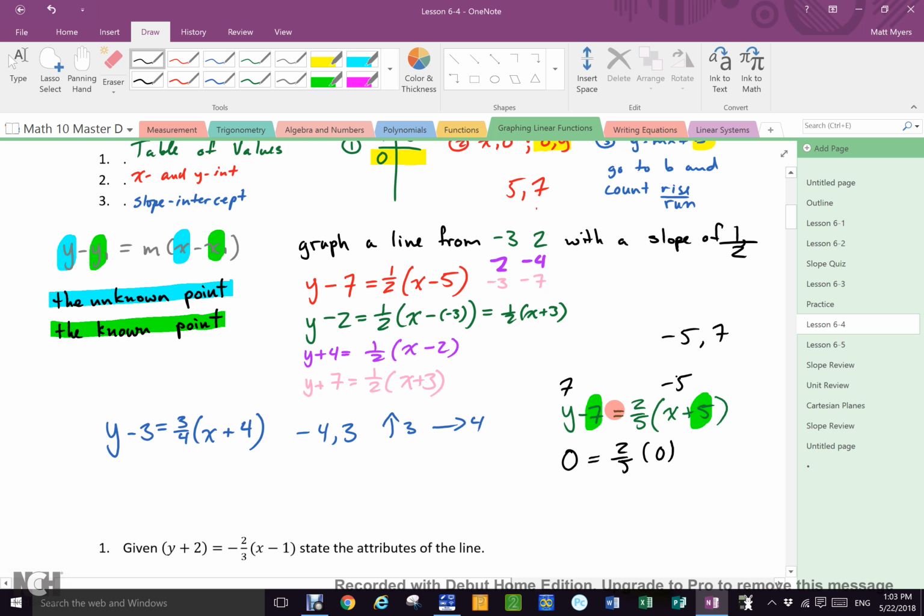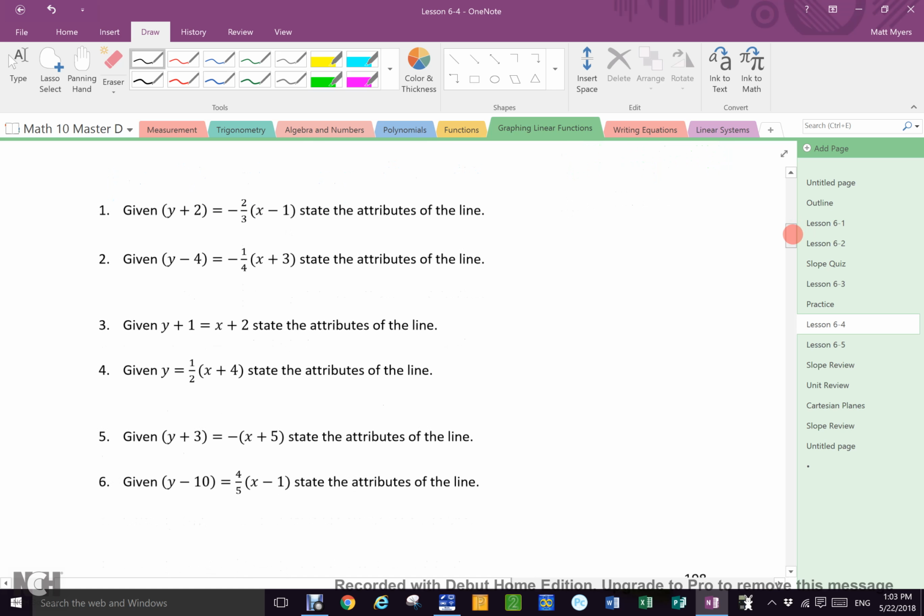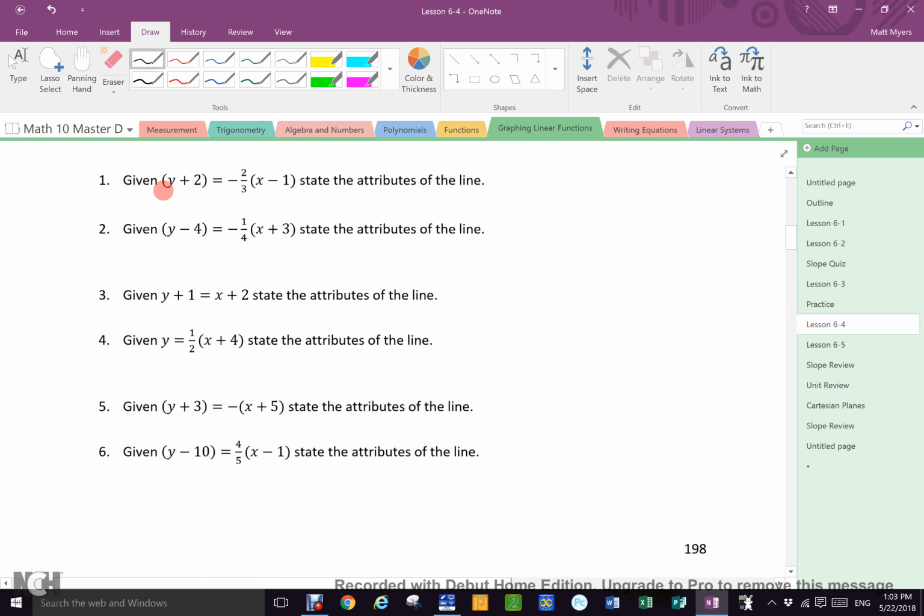Does everybody understand? Okay, let's see if you really do. Tell me the starting point and the slope of this first one. Where would I start?